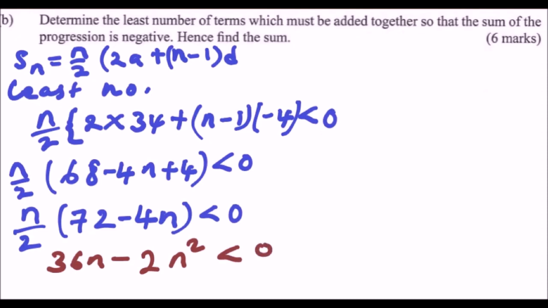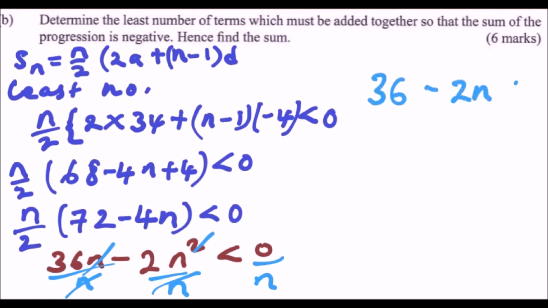Divide throughout by n. One n will go, here n will disappear, and when you divide 0 by anything it is 0. So we'll be left with 36 minus 2n is less than 0.